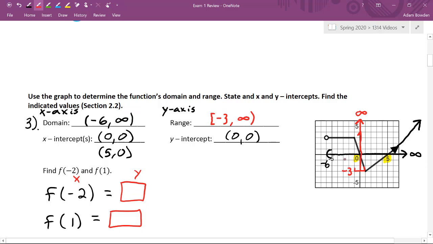So if we look at the x-axis at -2 and look at the value of the function at -2, that's going to be up at 3. So f of -2 is equal to 3. If we look at the location of 1 on the x-axis and the value of the y, it would be at -3. So f of 1 is equal to -3.